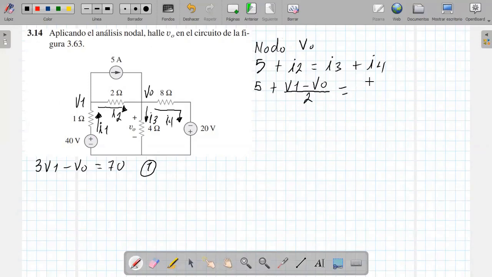The current I3 is V sub 0 over 4 ohms, plus the current I4, which is V sub 0 plus 20 over 8, because V sub 0 generates a voltage to the right, and this voltage source corroborates it for me when I see that it pulls the current in that same direction.